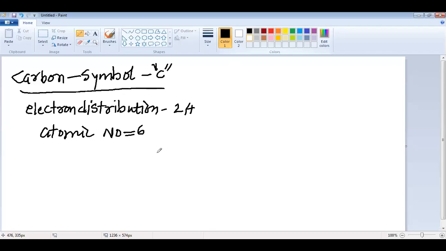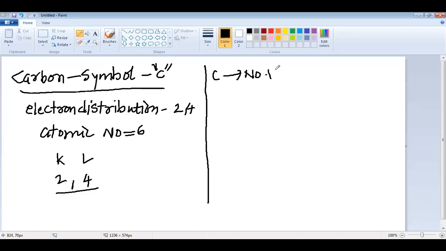As its atomic number is 6, in the K shell it has 2 and in the L shell it has 4 electrons. So what we truly understand here is that carbon has 4 valence electrons.